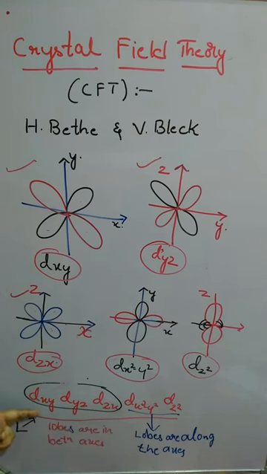If it is experiencing more repulsion, then the energy of these orbitals will be more when compared to this one. So understand properly: more the repulsion, more energy.